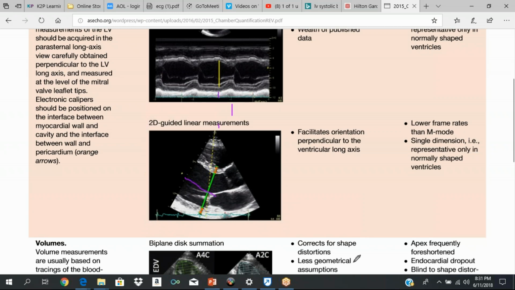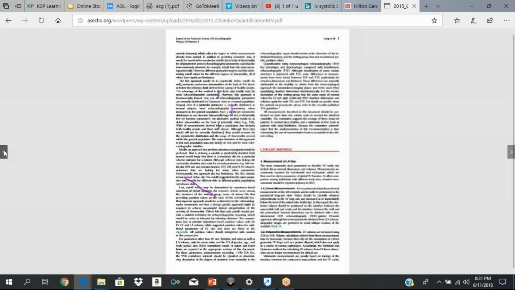All right, it's very important. So it's very important that you know how to do your measurements.